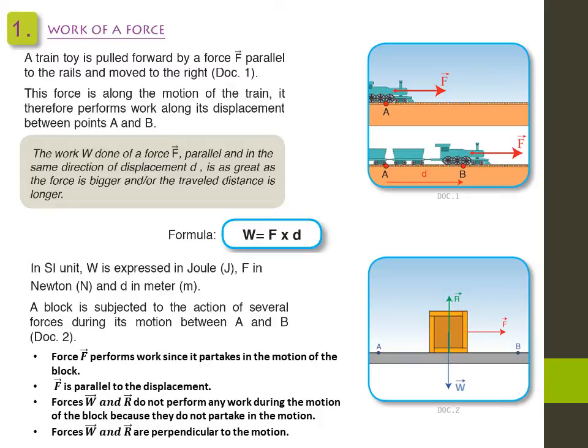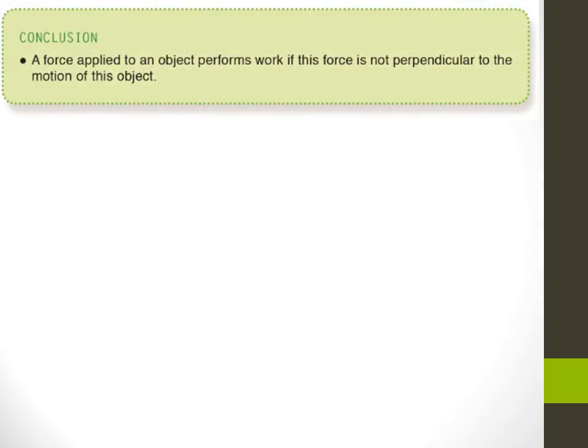The weight and the reaction of the support do not perform any work during the motion of the block because they do not partake in the motion. Weight and the reaction of the support are perpendicular to the motion. A force applied to an object performs work if this force is not perpendicular to the motion of this object.